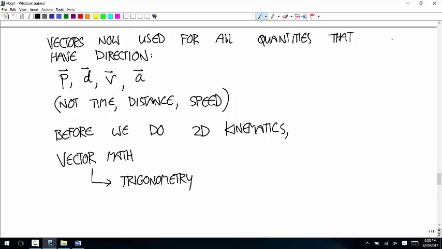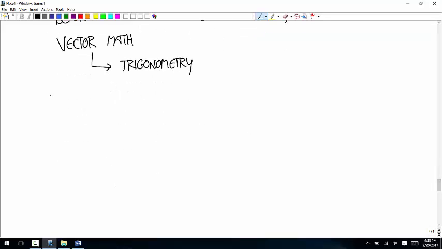Okay, so I'm going to start by talking about vectors, and then I'm going to explain what we need trigonometry for, and then I'll give a little intro to trigonometry.